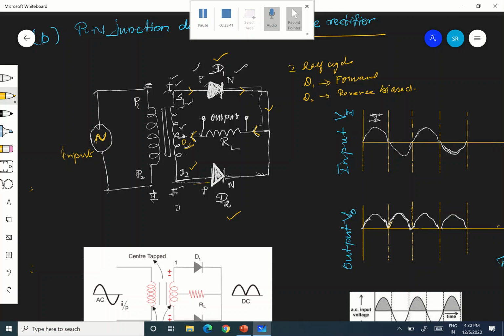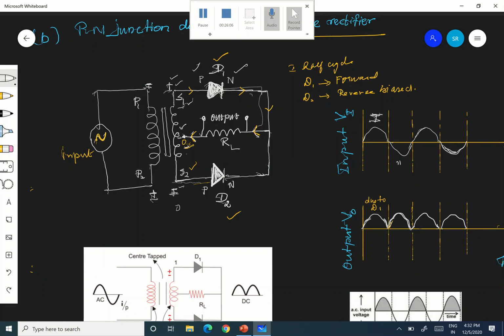Is it clear? The output current and output voltage are only because of D1, and D2 will not have any say here. So you are getting one waveform here that is due to D1.